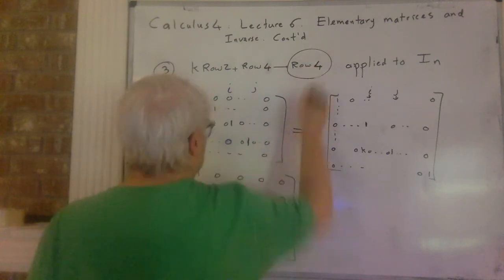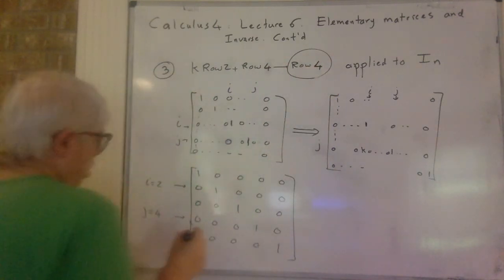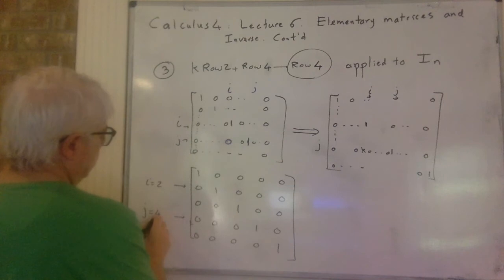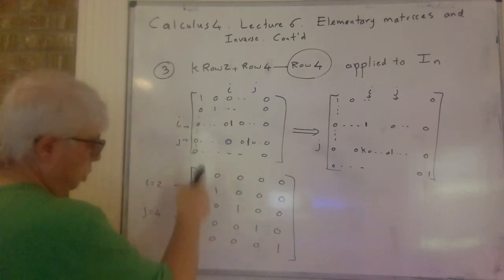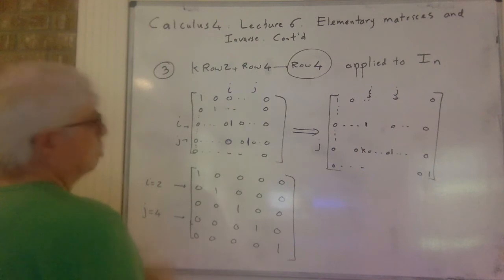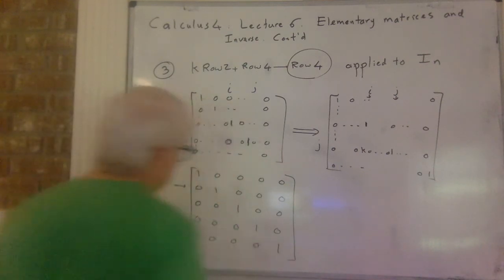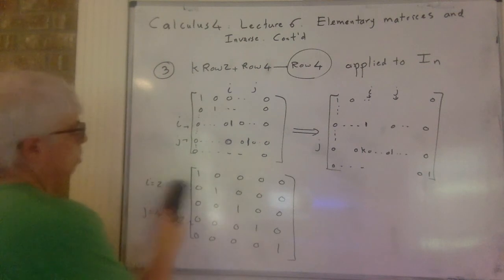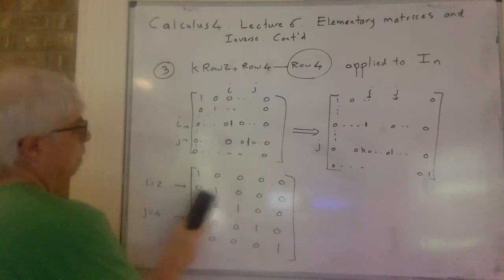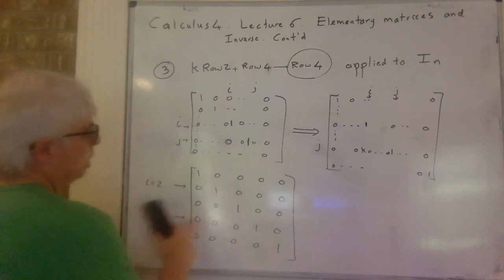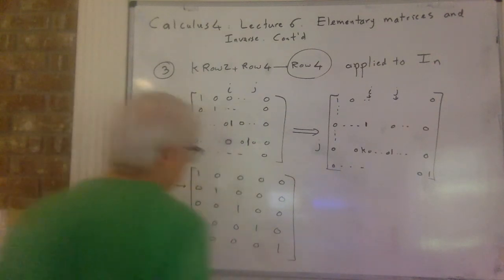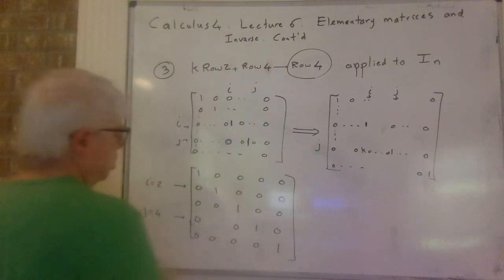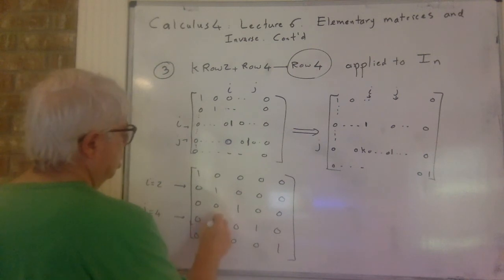When I apply this, this is multiplied by k, so I will get a k here, and k is added to this, so I will get k here. So this is the result.